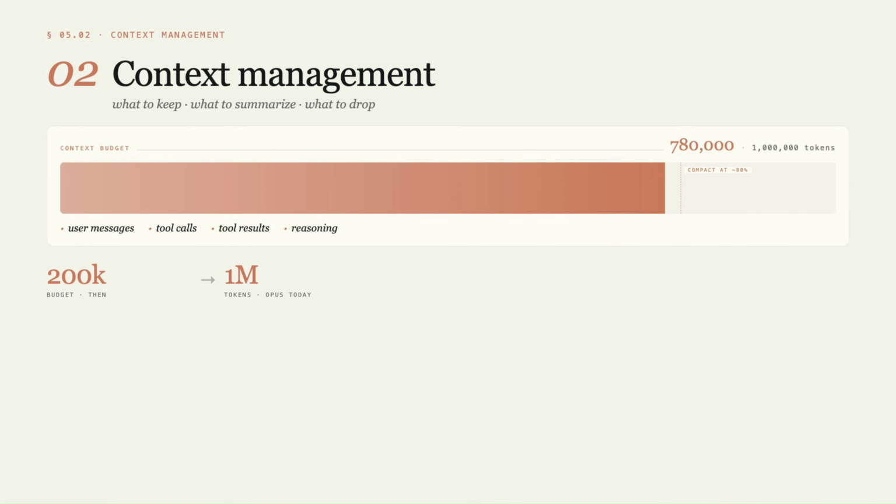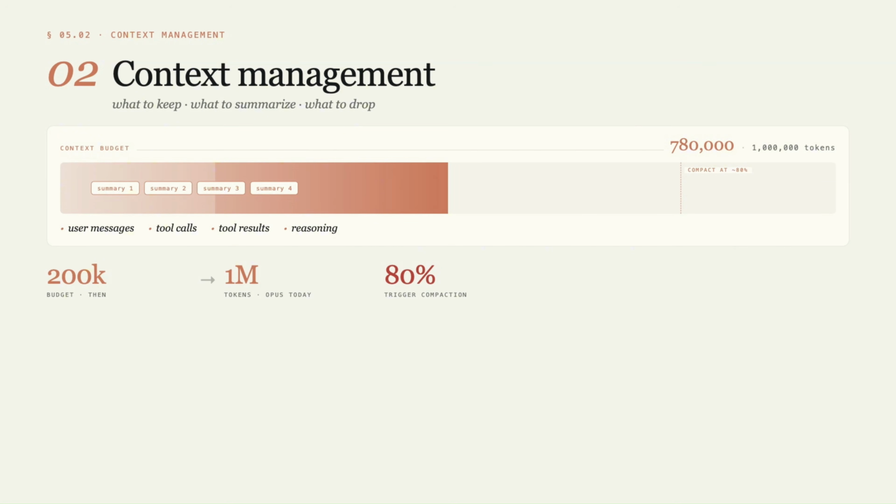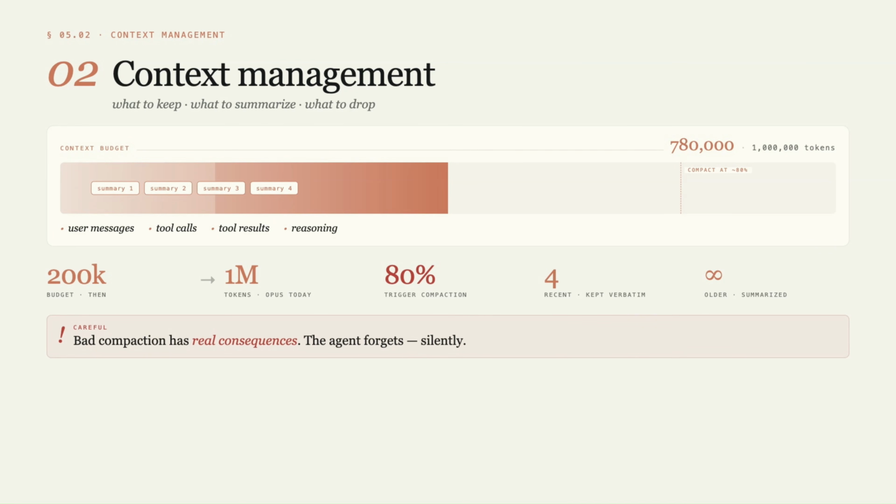Now they have increased it to 1 million tokens in the case of Opus. But let's say when you are reaching almost half of it, or maybe 80 to 90%, it triggers a compaction. Some of the most recent messages are going to stay in full. Everything older gets summarized. Now, this compaction is very important, and it can have some real bad consequences if not done properly. So you need to be very careful about context management.